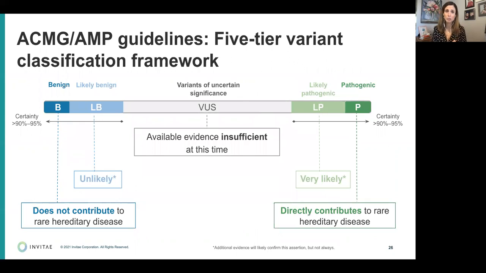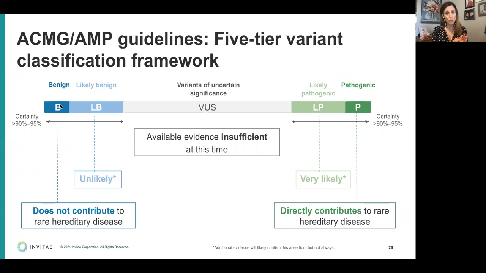So in the ACMG AMP guidelines, there is a 5-tier variant classification framework. Starting here on the left, if there is a variant with which an investigator or a scientist can look at the available data and determine with 90 to 95% certainty that that variant is unlikely to be associated with disease, it is given a likely benign or benign classification.